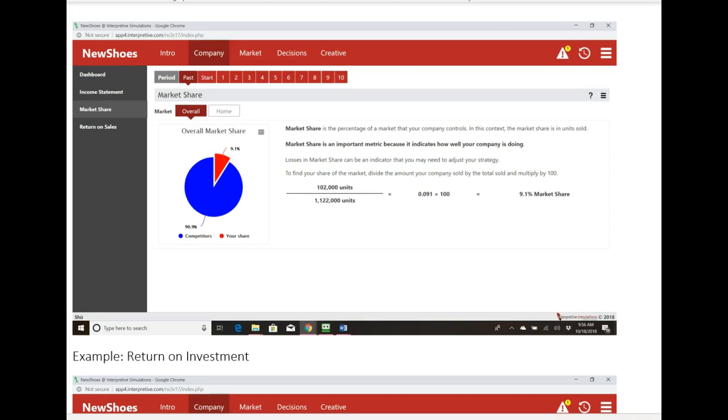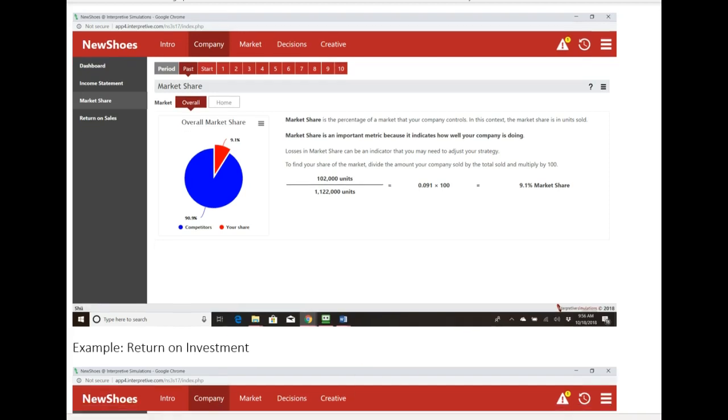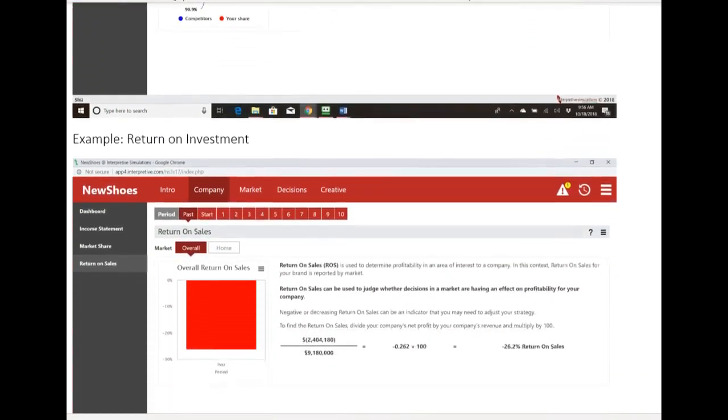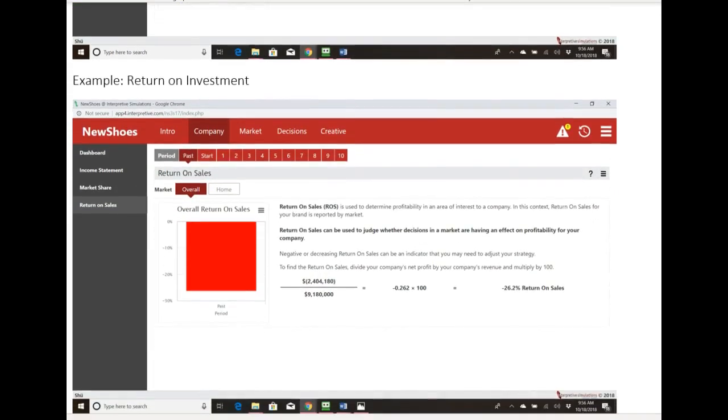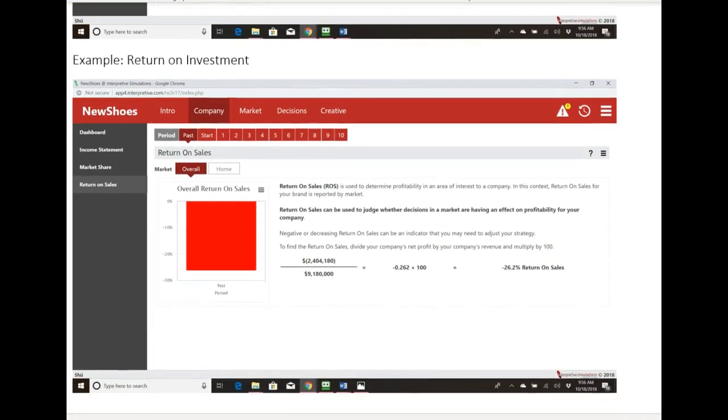Another thing I'd like to mention is return on investment. It's used to determine the profitability in an area of interest to your company. So you'll notice in week 2, we talk about return on sales. So what's your return on sales?